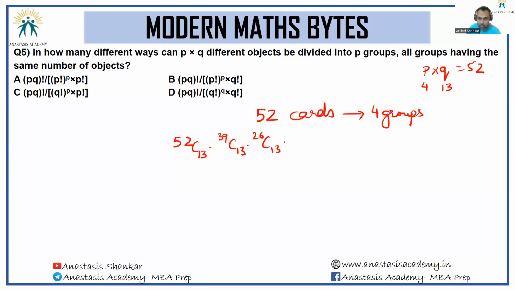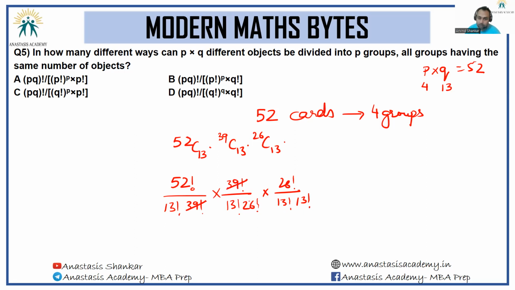Now it will break down into 52 factorial by 13 factorial, 39 factorial, into 39 factorial by 13 factorial, 26 factorial, into 26 factorial by 13 factorial, 13 factorial.